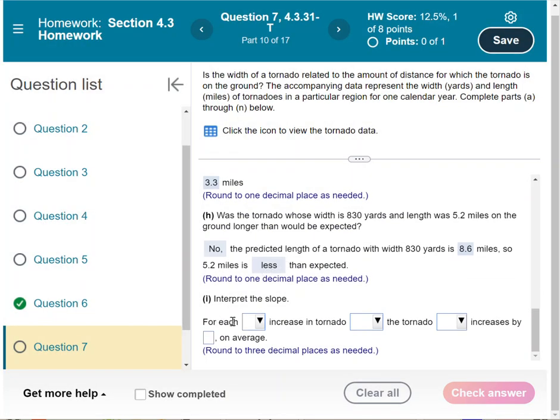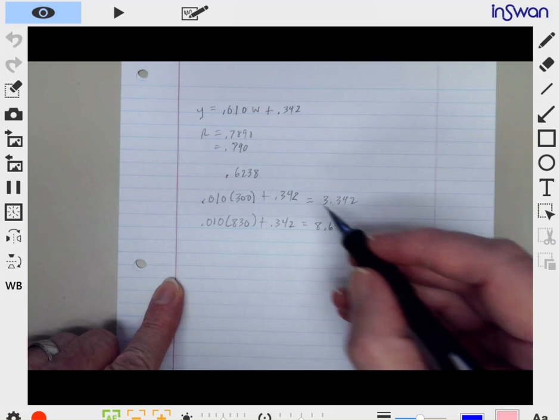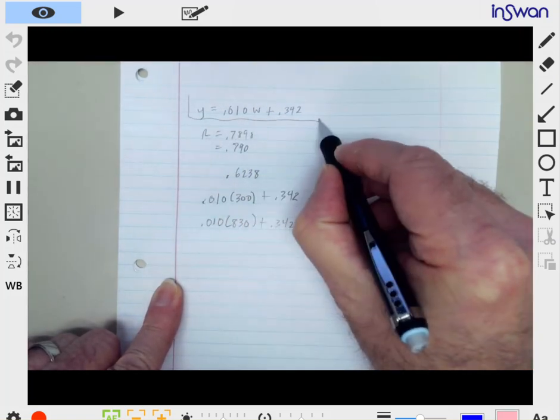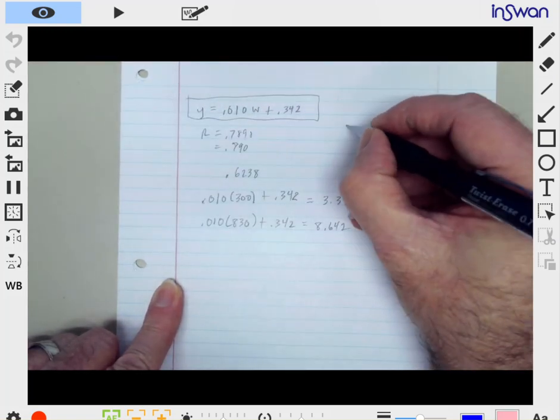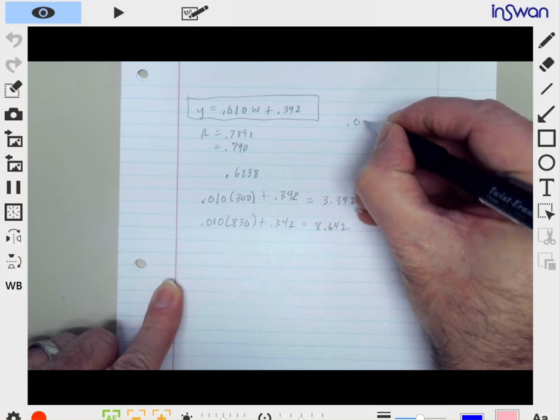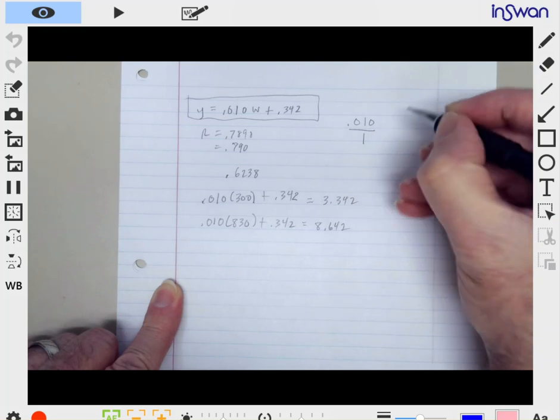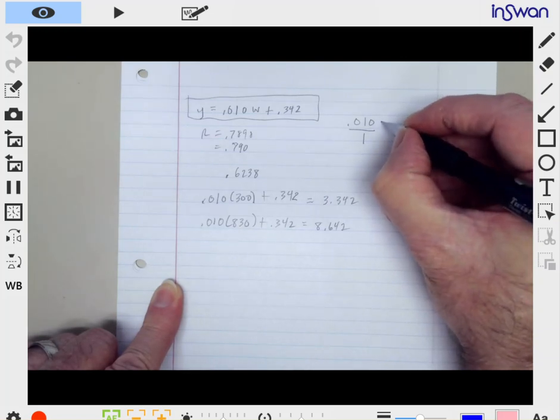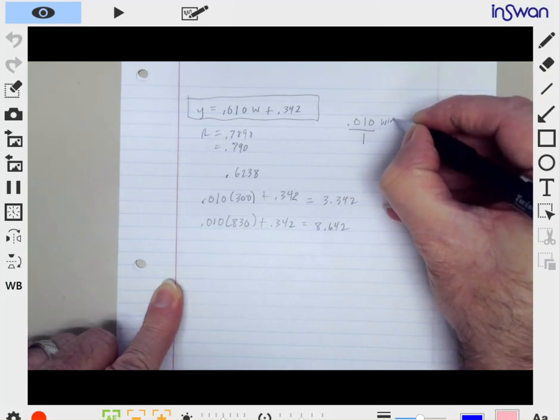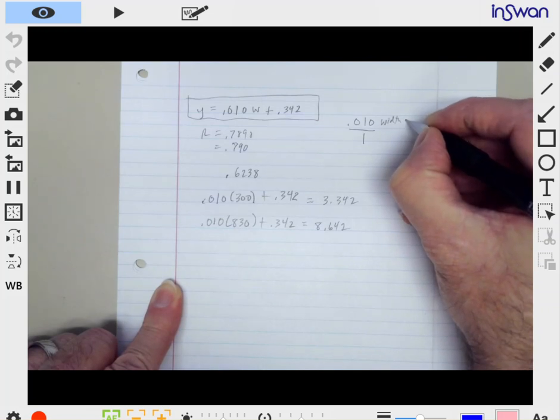Interpret the slope. Let's see. So I'm going to go back to my work here. This is the regression line. So our slope is 0.010 over 1. And remember, this is width in yards.